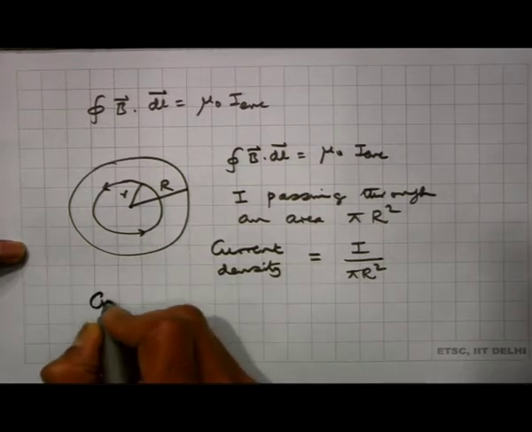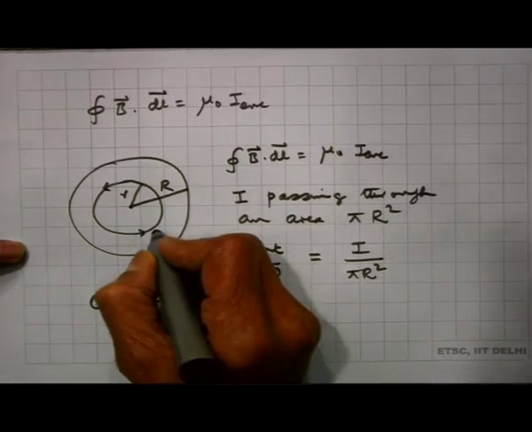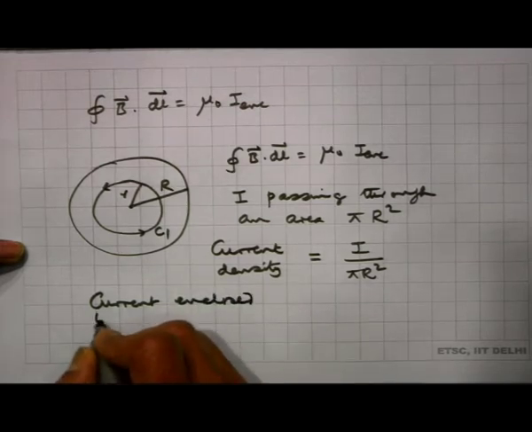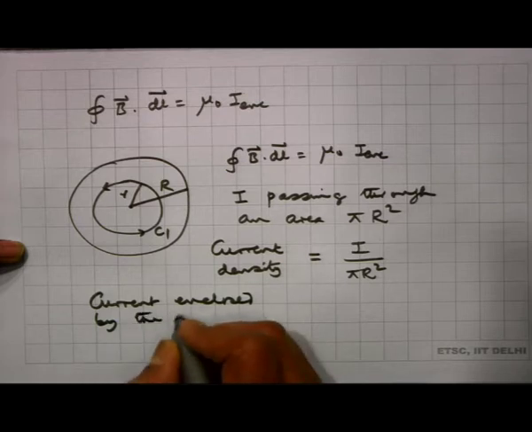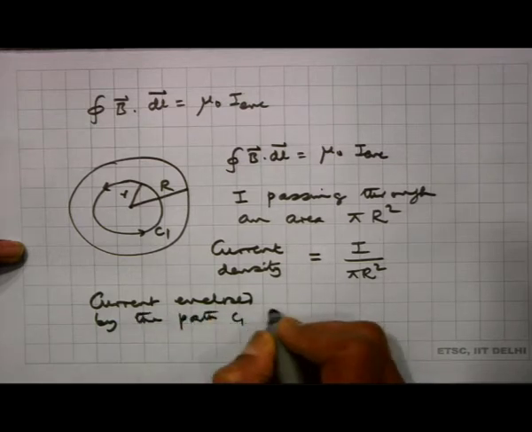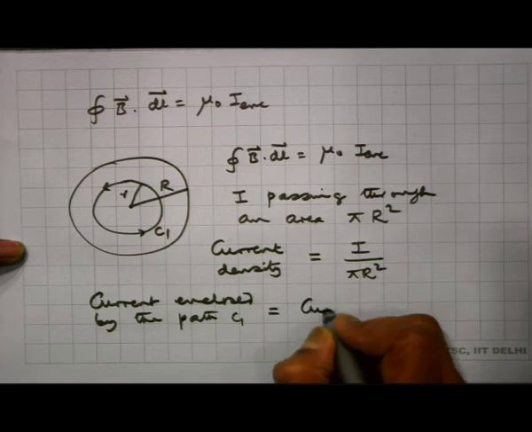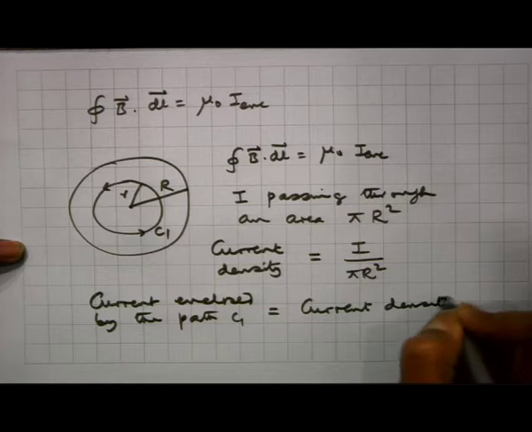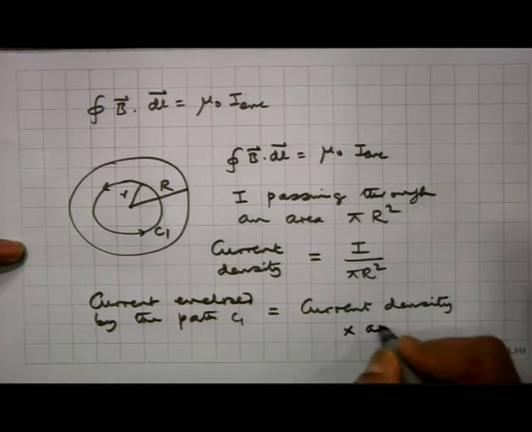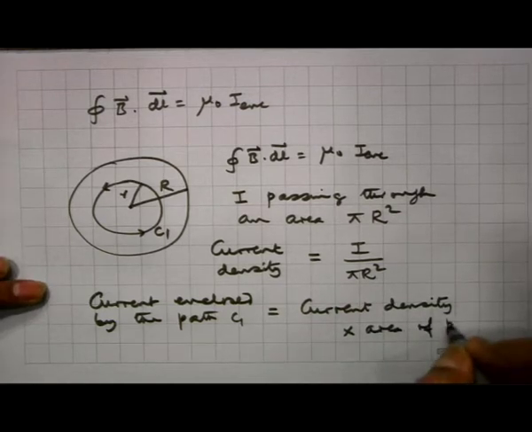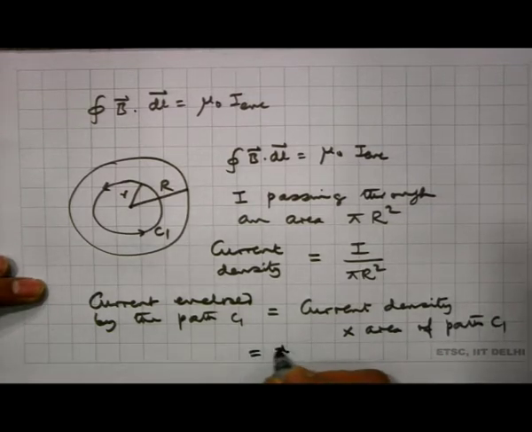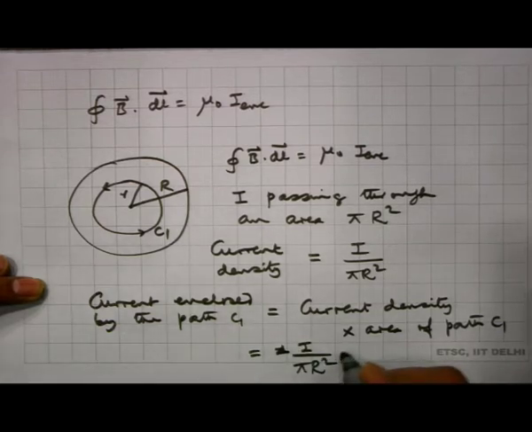So, the current enclosed by the path C1 is equal to current density into area of C1, which is nothing but I by pi R square into pi r square.